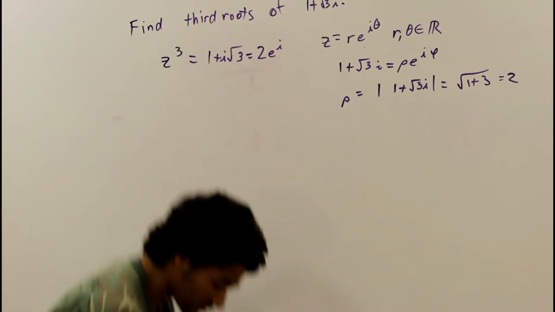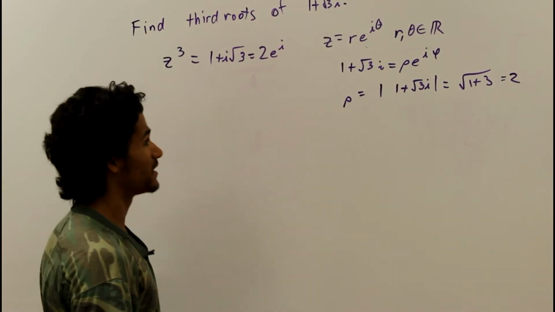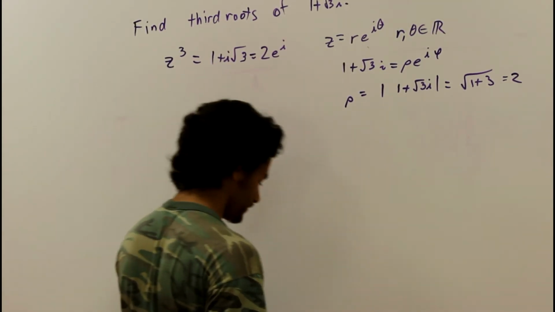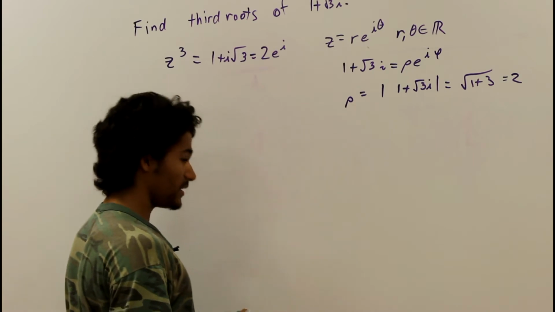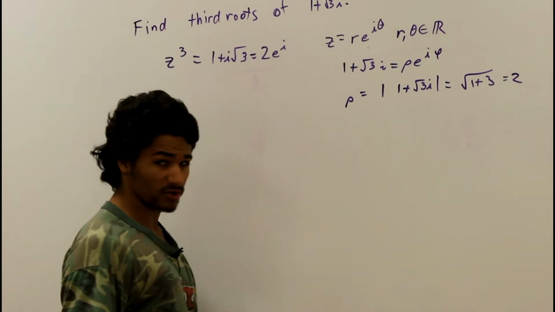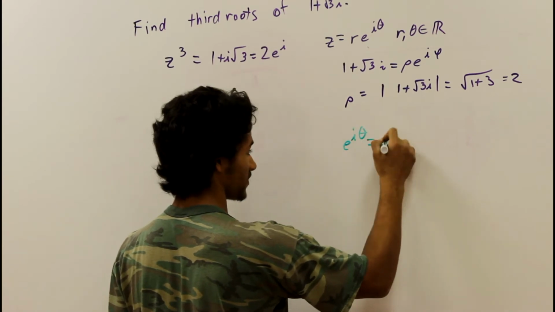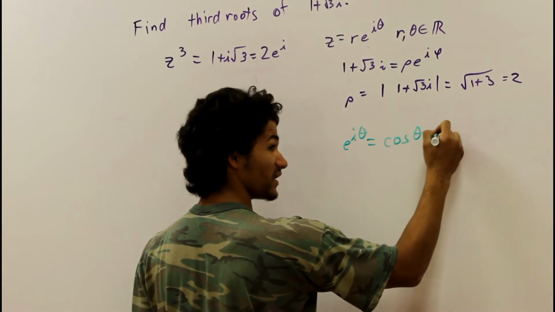Now what you notice is that e to the i theta, as is provable by a Maclaurin series, is cosine theta plus i sine theta.